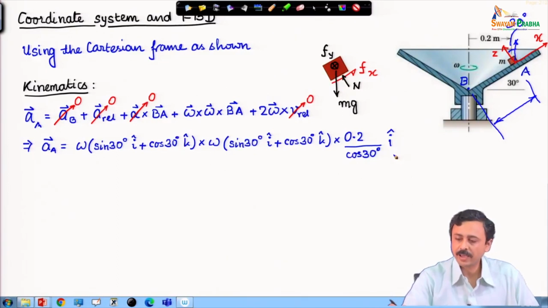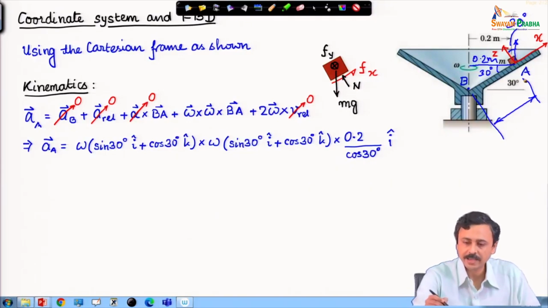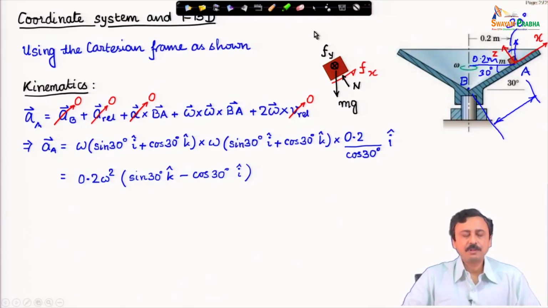BA is along x axis, and this you can very easily find. This is 0.2 given, this is 0.2 meter, and this is 30 degree. Therefore, BA is 0.2 by cosine 30 degree, and it is in i cap direction, and this simplifies to this expression.